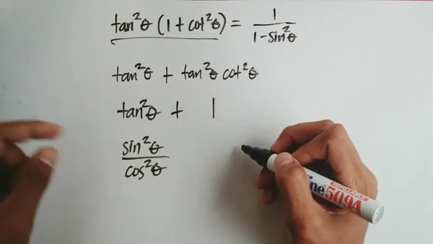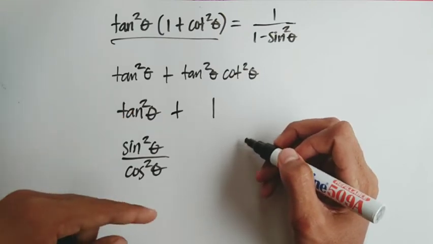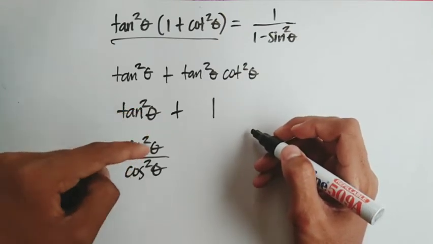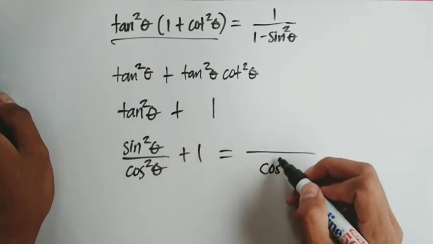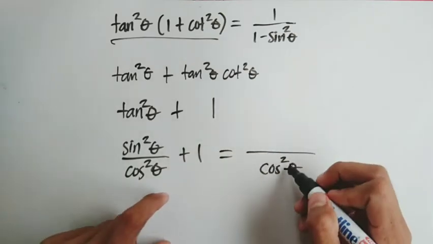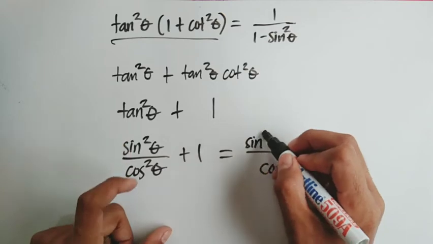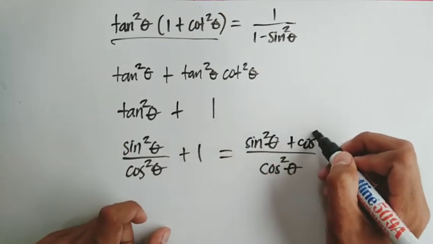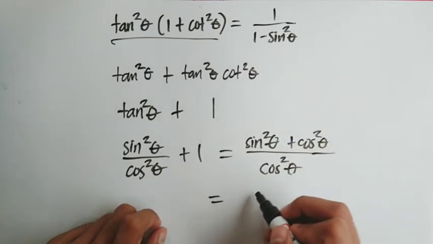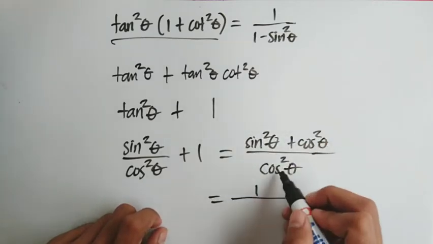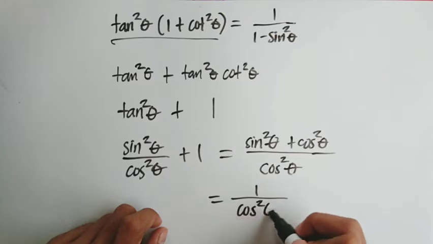So galing sa tangent theta is equal to sine theta over cosine theta, since naka-squared, squared ko rin yung dalawa. So next, LCD, cosine squared theta. Dapat alam natin kung paano yung mga basic. Next, yung kanina, identity, that is equal to 1 over cosine squared theta.